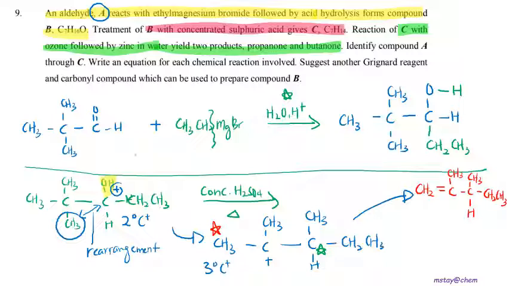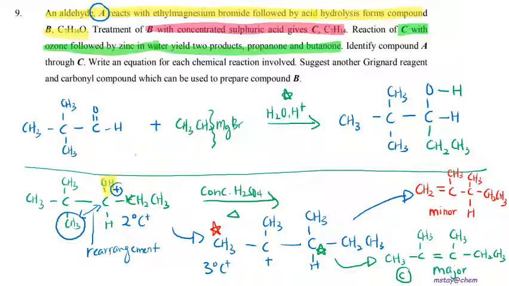Okay, if we remove the hydrogen from the carbon that we marked in green color here, the product is CH3, CH3, double bond, CH3 and CH2, CH3, which is the structure for C. So between these two, definitely C is the major product, and the red color one here is the minor product.